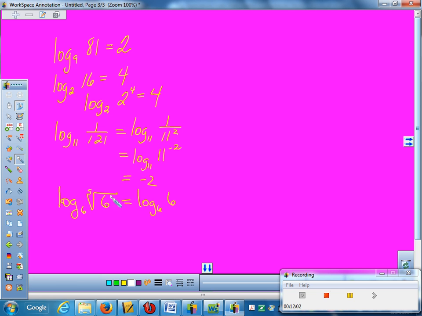So that would be 6 to the 1/5. So therefore, since they both have the same base of 6, your answer is 1/5. So that whole idea of making common bases, making common bases, you're going to make common bases till the cows come home. Which is why you may still find your pink sheet helpful. I bet you're learning a lot of the more common ones here, what they are to a power.